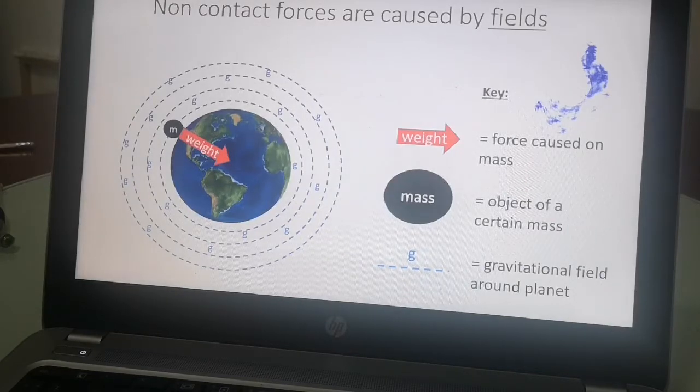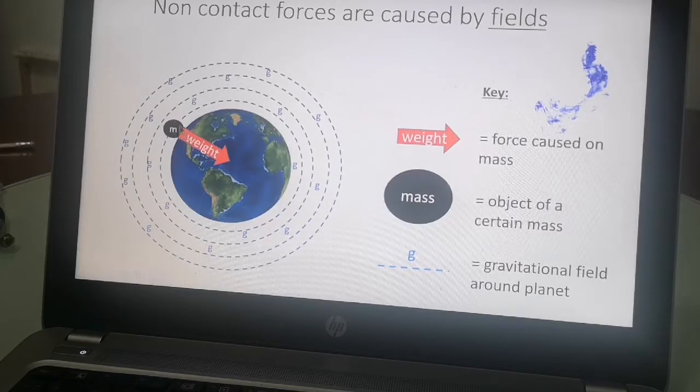Now this type of force is caused because there's this invisible field around Earth. Imagine these blue lines here. We call it gravity. Gravity is around all masses, but there's lots of gravity if it's a really big mass. And of course, Earth is the biggest mass here. It's huge. So it has a really big gravity, and this field, we call it a gravitational field.